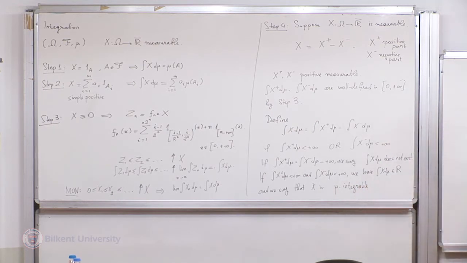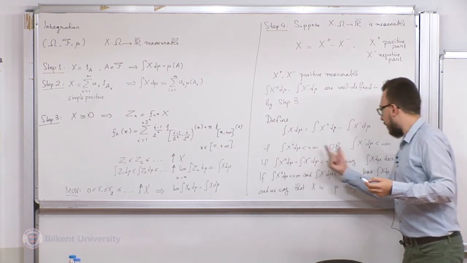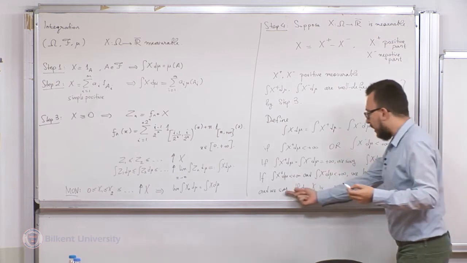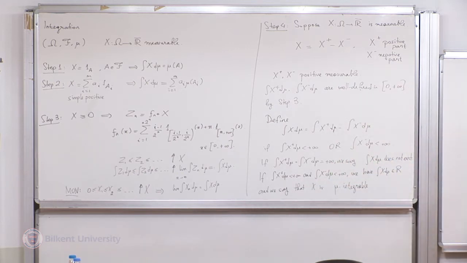So the integral exists if not both of them are plus infinity, and if both of them are finite, the integral is even a real number, and you say that it is an integrable function, an integrable random variable.